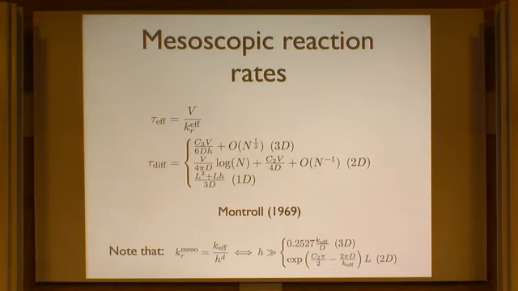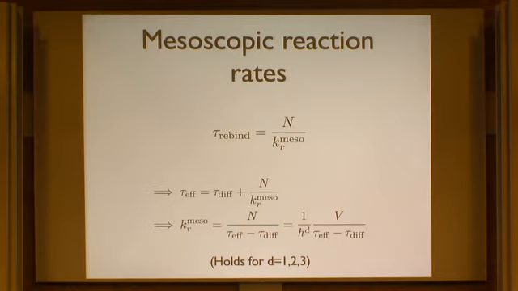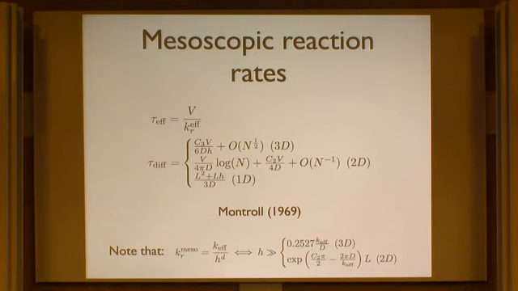So to get the reaction rates, we just plug this into this. The effective binding time is just the volume of this. And you can relate this to the microscopic parameters by using the Collins and Kimball expression from this.